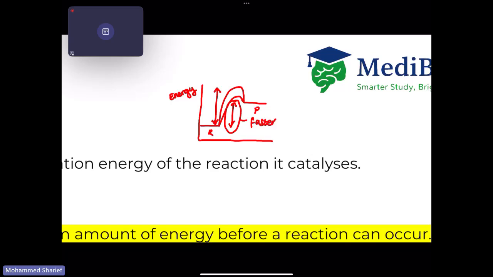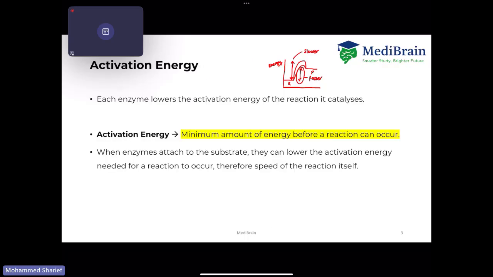Over here, because more energy is required, the reaction will occur slower. So that's another benefit of having a lower activation energy: less energy is required, so the reaction can take place faster, which means more reactions can take place in a smaller amount of time.